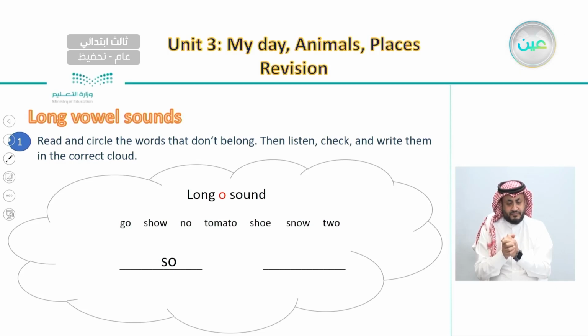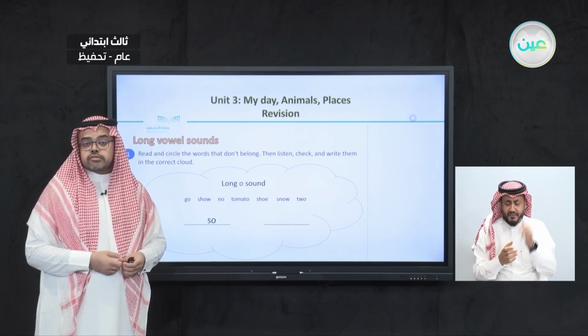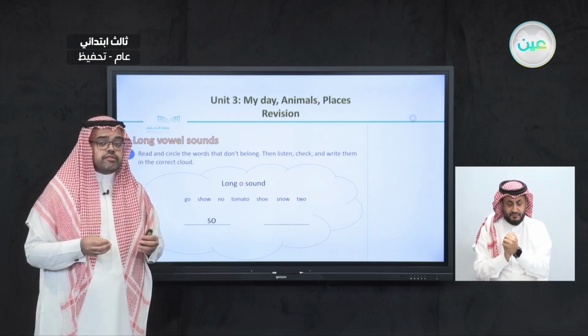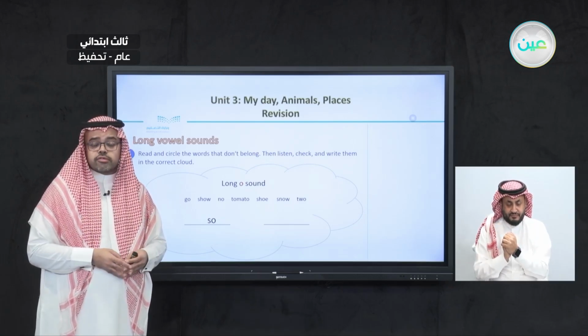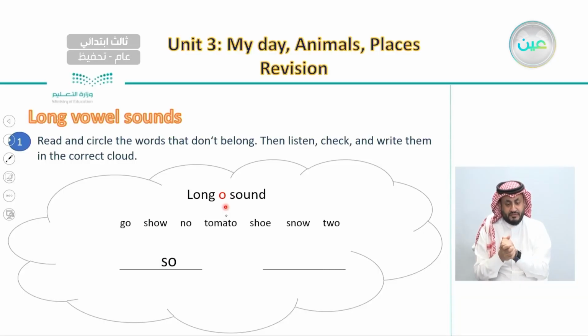So let's remind ourselves of how to answer this exciting exercise. We're going to read the name of each cloud, and I want you to listen and say all of these words with me, so you can know which sound does not belong to the cloud.